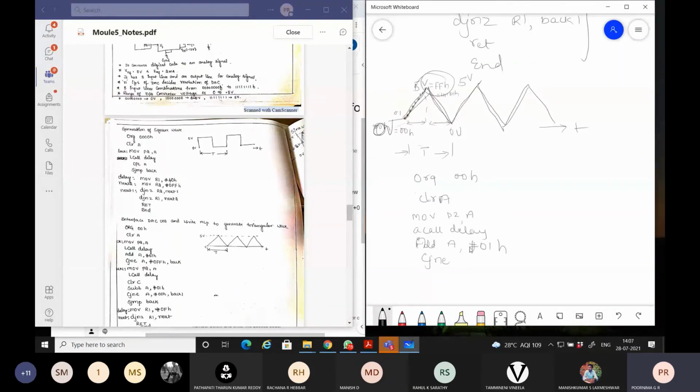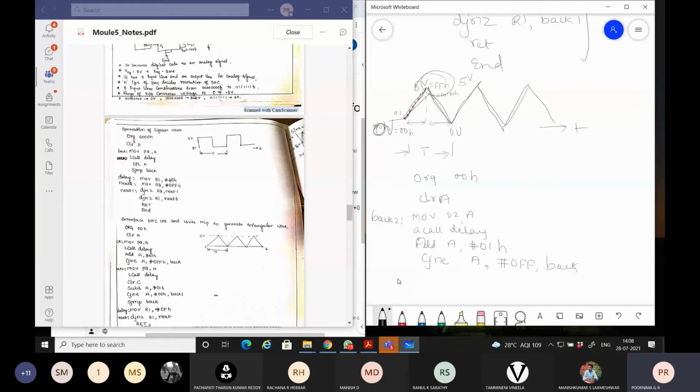So therefore compare accumulator with FFH. If not equal, go back. Where that back supposed to be? Move that new value to port 2 and keep repeating this process until it becomes FF. So this is the upward, the forward slope.